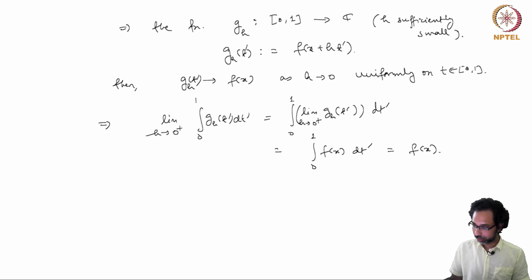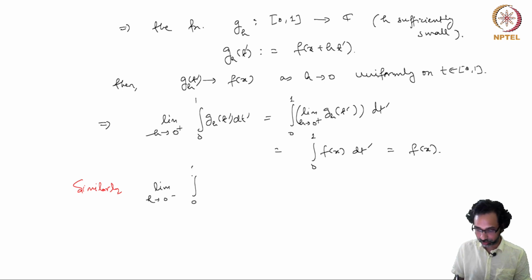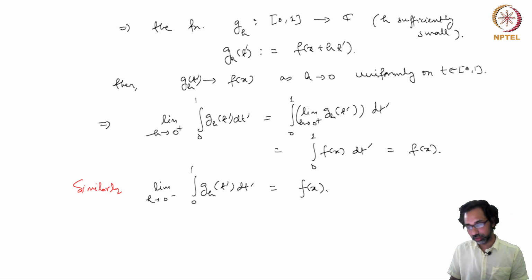So we have this for the positive side, and similarly one can show that the limit as h tends to 0 minus of the integral from 0 to 1 of g_h(t') dt' is equal to f(x).